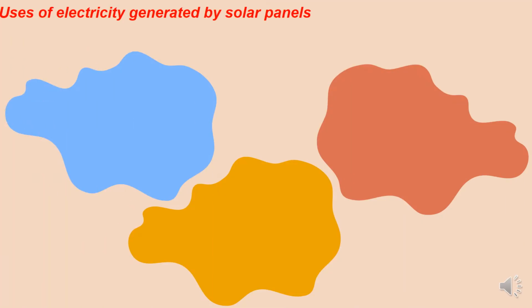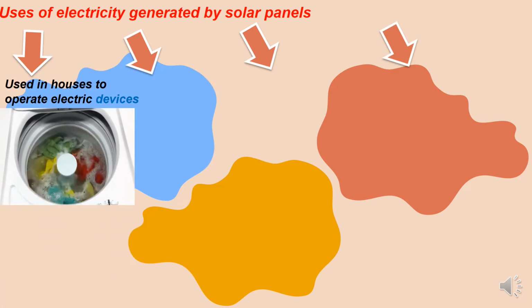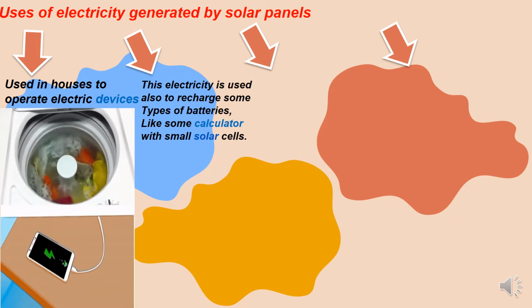Now, let's learn some uses of electricity which is generated by solar panels. We have a lot of uses. Number 1, from that picture, we can use electricity in operating our electric devices in our homes. It's also used to recharge some types of batteries, and some calculators which work by small solar cells.